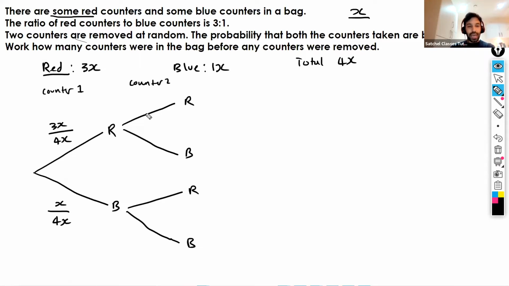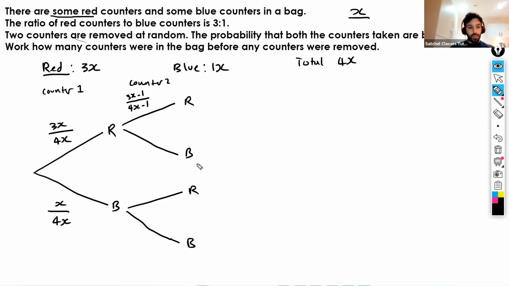So if we take out a counter and we don't replace it, what's going to happen to the probability of the next red counter? Well, that's going to be 3x take away 1 amount of red counters that were in the bag, over the total number of counters, which is going to fall by 1, so that's going to be 4x minus 1.